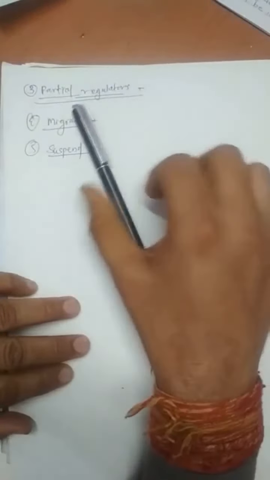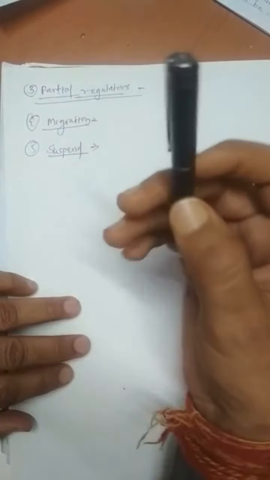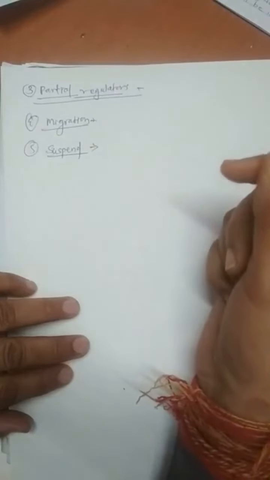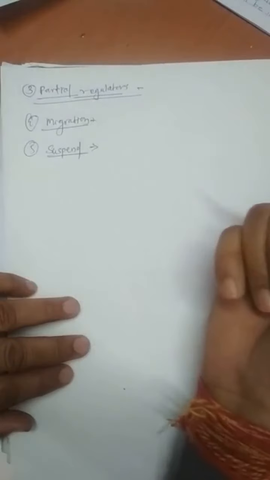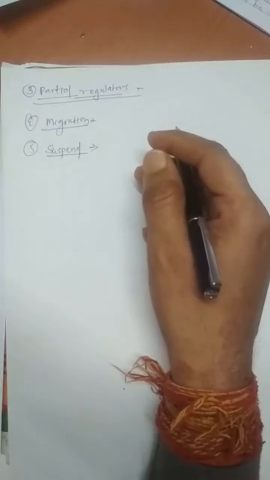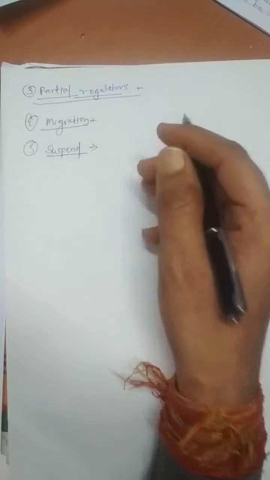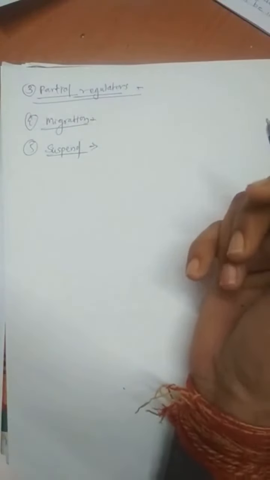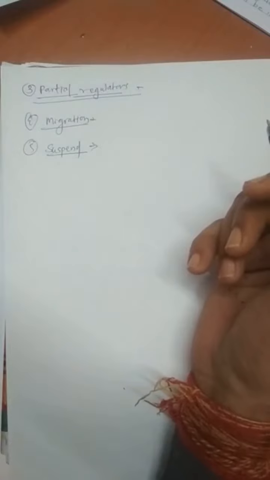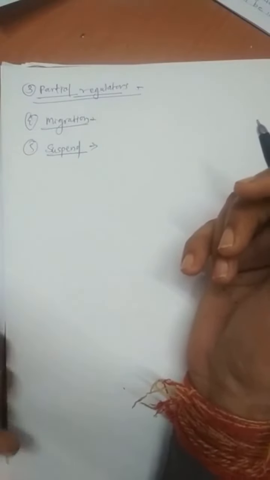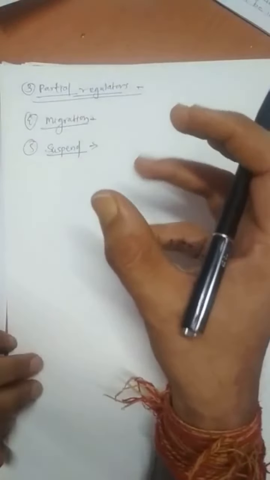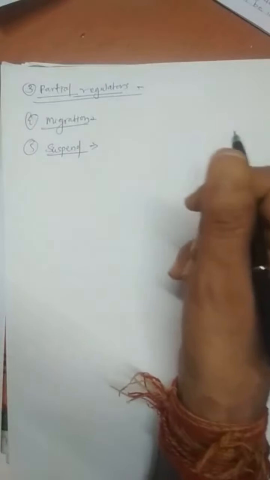Some snails and fish go into estivation in summer, called summer sleep. Diapause, a stage of suspended development, you can see it in zooplankton. Thick-walled spores in bacteria, fungi and lower plants.